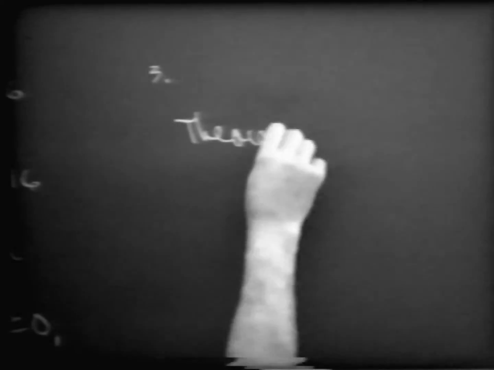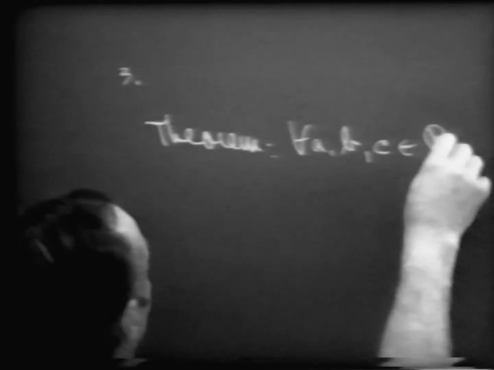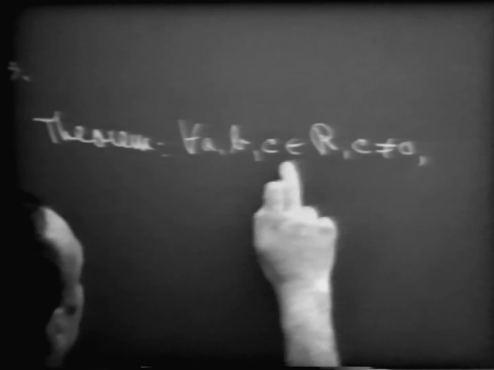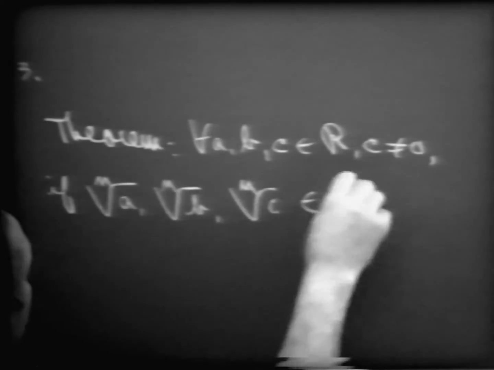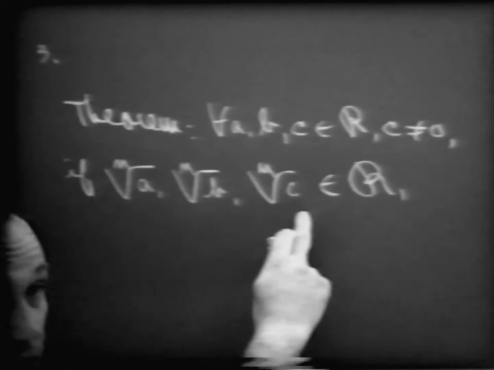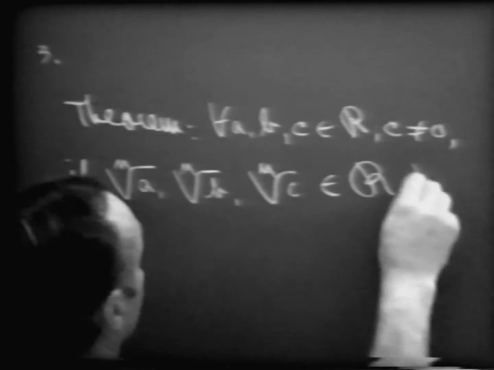And in fact, I think we can generalize from what we have already said in terms of a theorem. Let's see how the best way for us to say this theorem is. Suppose we had, for every a and b and c belonging to the set of real numbers where c is not 0, and if the nth root of a, the nth root of b, and the nth root of c are all well defined, if indeed they belong to the set of real numbers, then what is our conclusion?